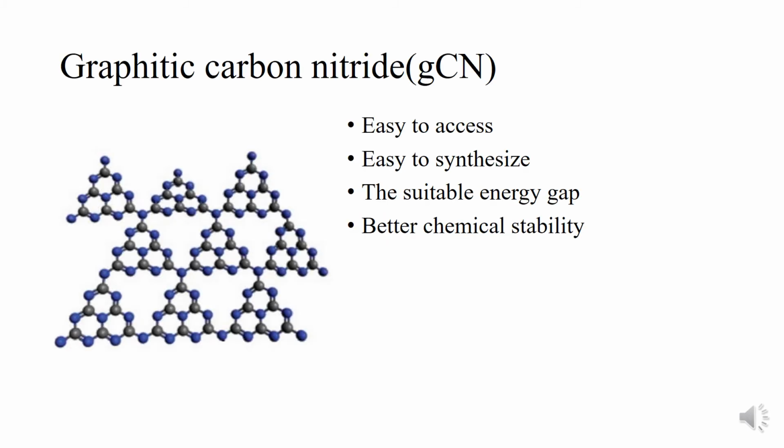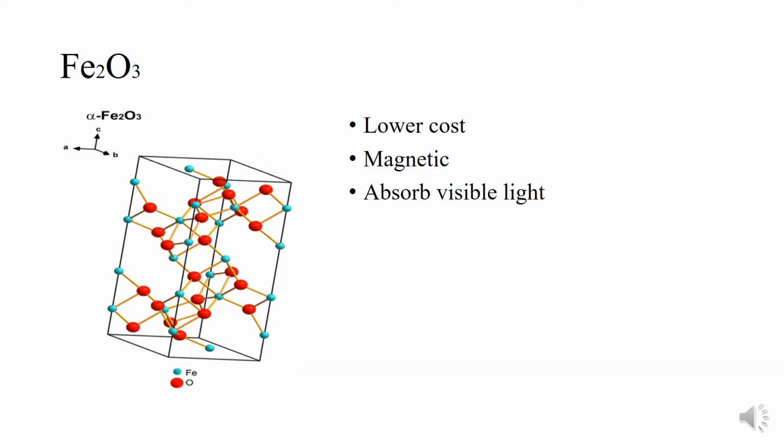And then I'm going to talk about the experimental materials. The materials of graphite carbon nitride are rich, and it is also easy to synthesize. It has a suitable energy gap for visible light and better chemical stability. The cost of iron oxide is low, and it can absorb visible light.